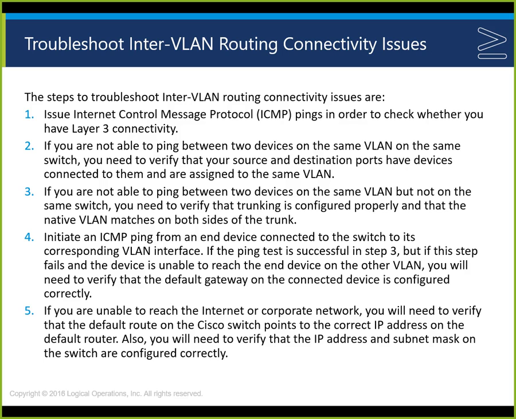Let's see, test ping is successful in step 3. But if this step fails, initiate a ping from an end device connected to the switch to its corresponding VLAN interface. If it is unable to reach the end device, you need to verify that the default gateway of the connected device is correct.